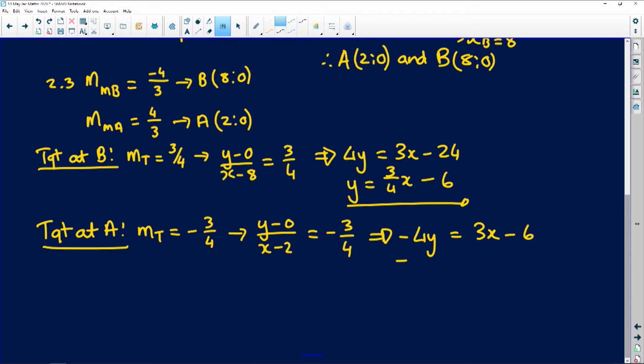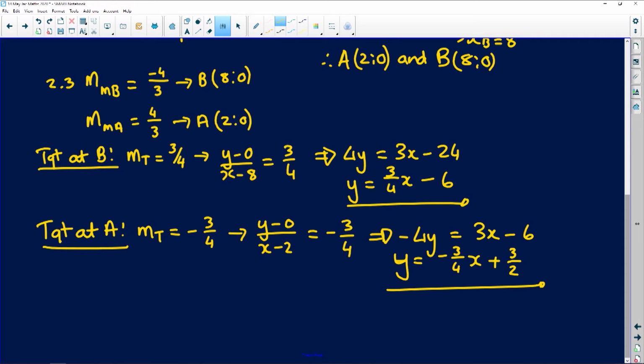Then the y is minus 3 over 4x plus 6 divided by 4, the minus 6 divided by minus 4 is positive 3 over 2. Let's just see that we did everything correct there. We took that over, yeah.